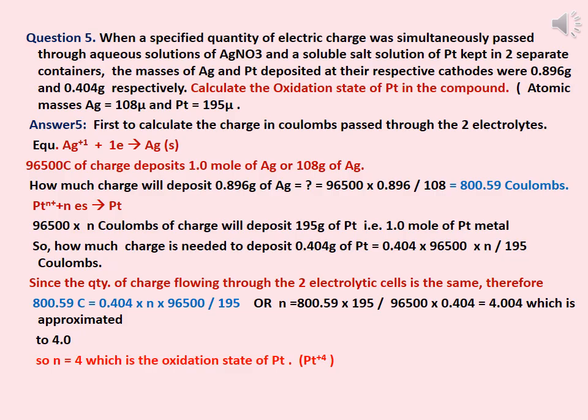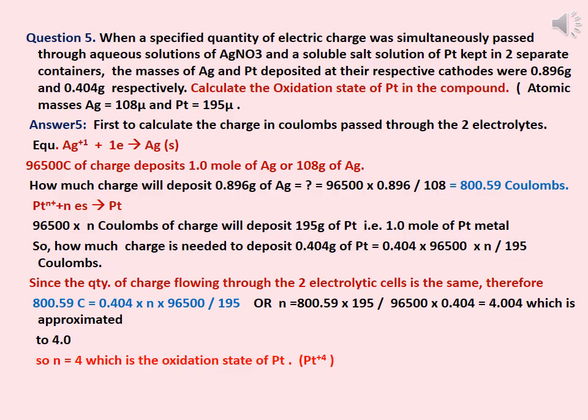Because the quantity of charge flowing through the two electrolyte solutions is the same, we can equate the two. We get 800.59 coulombs is equal to 0.404 into N into 96,500 divided by 195.